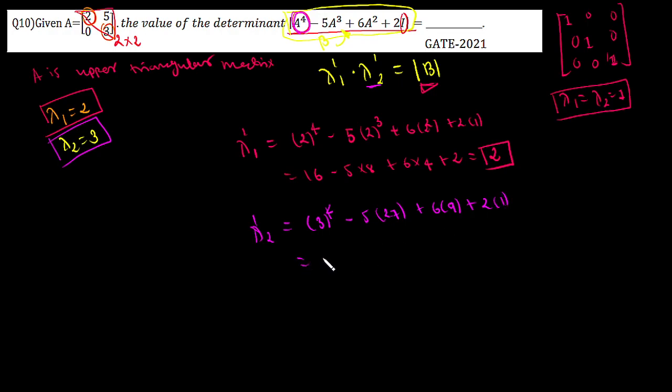You can further simplify it algebraically. If you do the simplification, again you will get 2, and it is the second eigenvalue for this matrix. So now we have found the two eigenvalues for this matrix.